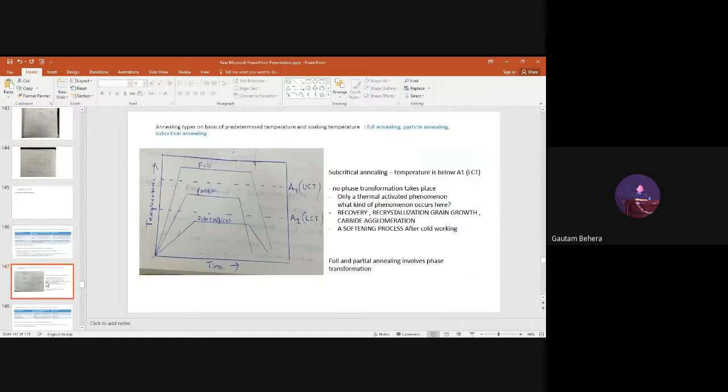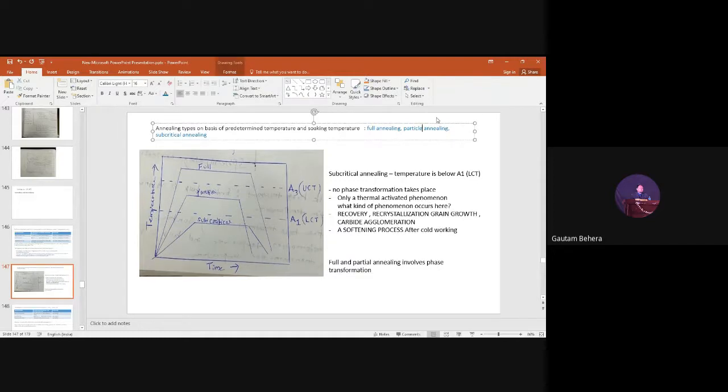Now we can also classify the annealing on the basis of predetermined temperature and soaking temperature. One is called full annealing, one is partial annealing, one is subcritical annealing. That can be explained with the help of this temperature versus time curve. This is a heat treatment curve, right? Temperature versus time. You can see this line.